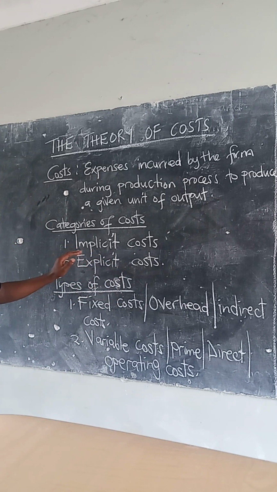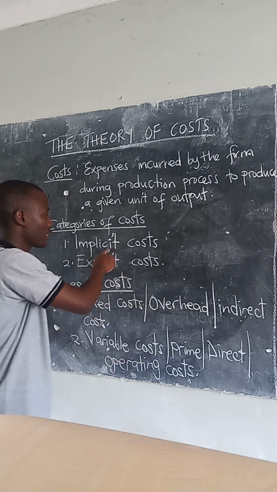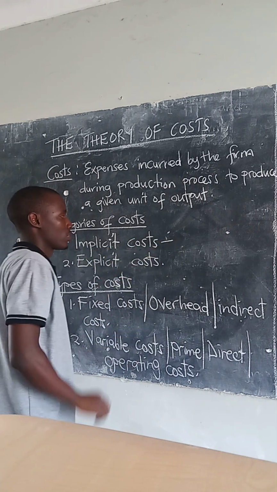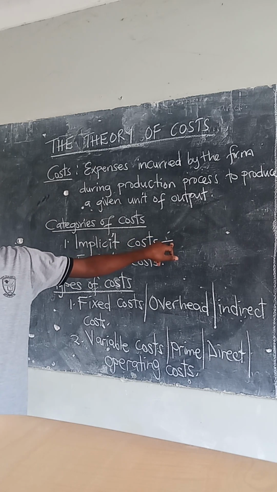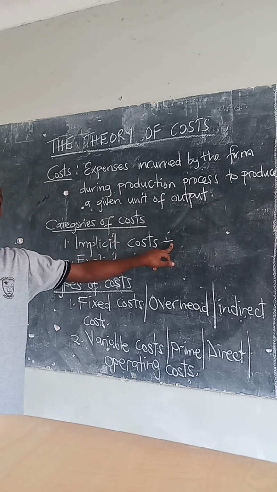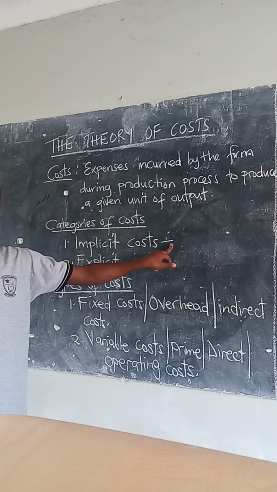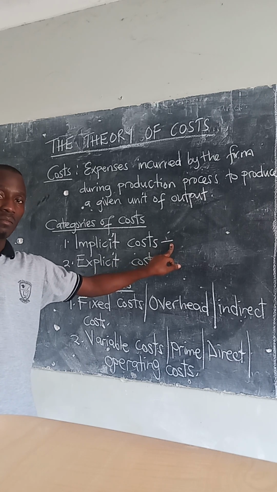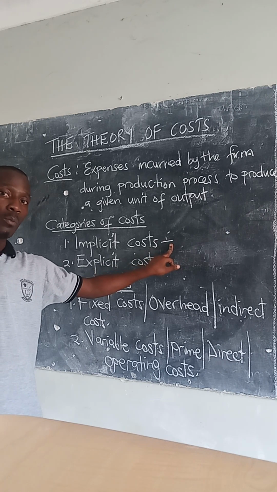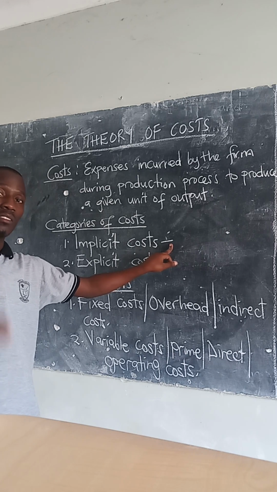Why? Because in most cases, such costs are made by the owner. For example, we can give an example here. Salary of the proprietor. Some businesses are sole proprietorship kind of businesses. So the salary of the sole proprietor of the business is not clear.